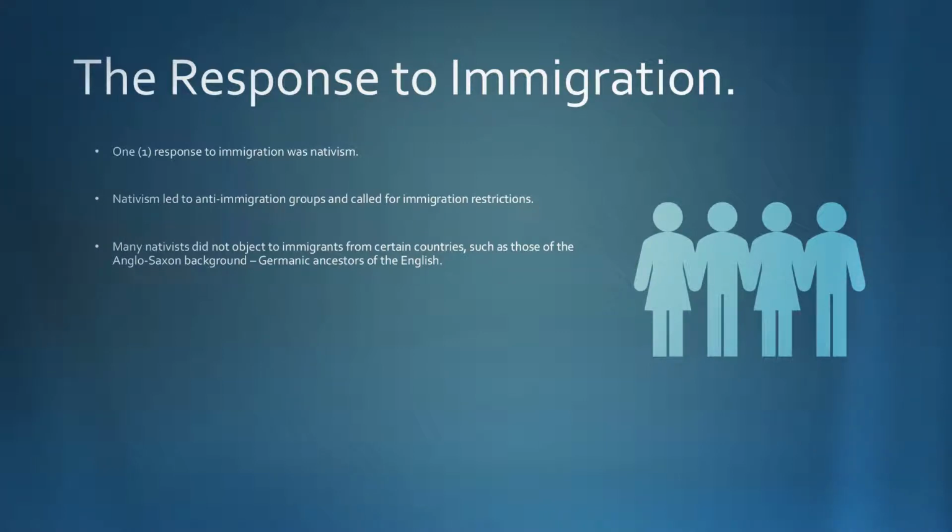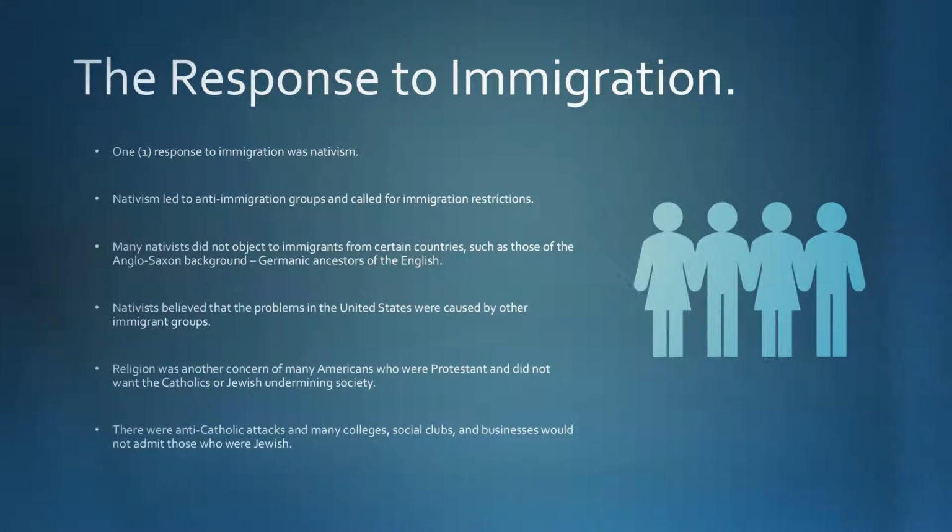So they were more accepting of people from England or Germany. They weren't really accepting of Italians, Irish, Jewish, Chinese, Japanese, anyone who really didn't fit the model of what Americans thought immigrants should be.